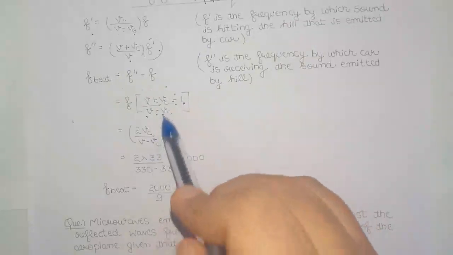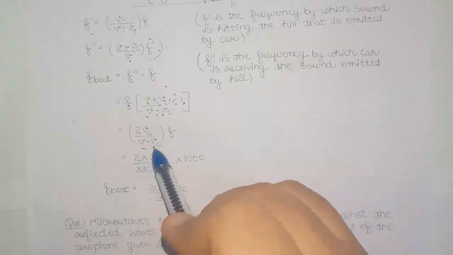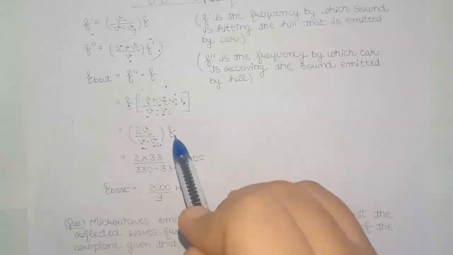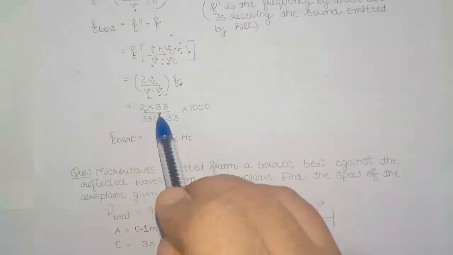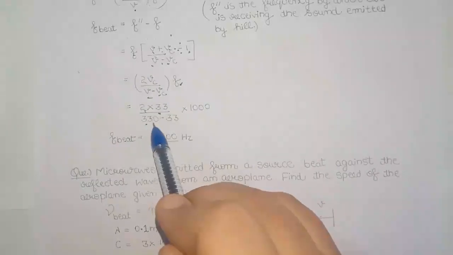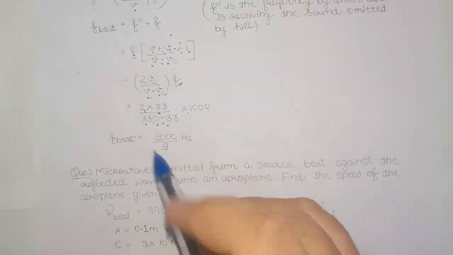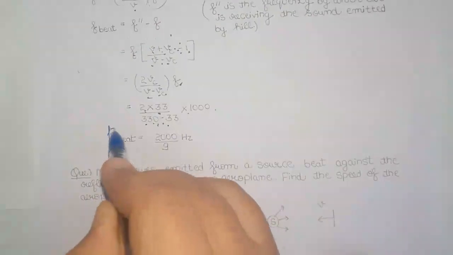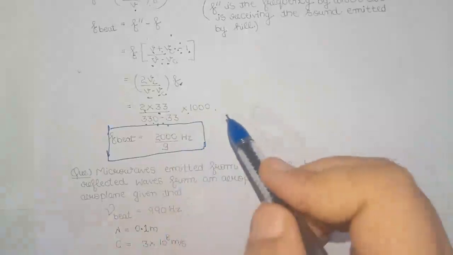This will give us 2 Vc upon V minus Vc into F. So the beat frequency will be 2 into the velocity of the car, which is given 33, divided by 330 minus 33, into 1000. So the beat frequency heard will be 2000 divided by 9 Hertz.